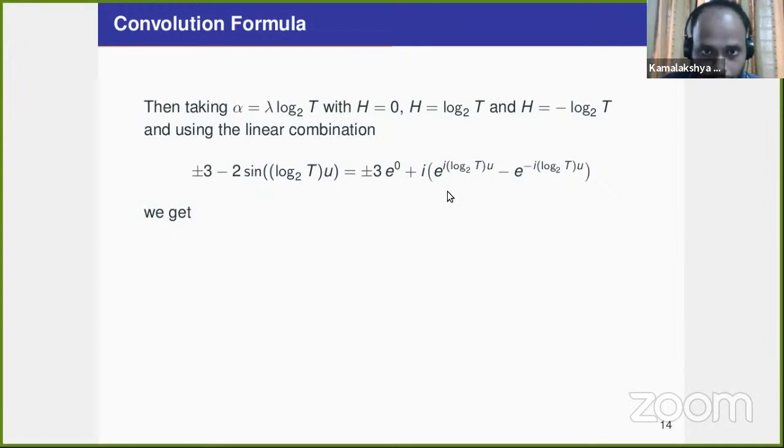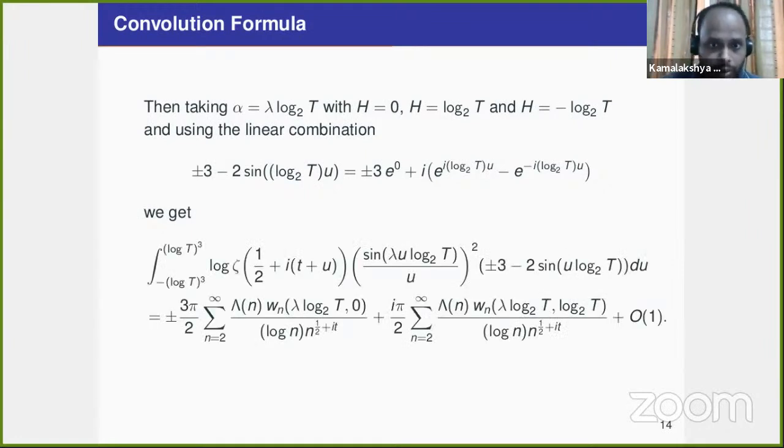So we will get this series, right? This plus minus 3 on the right hand side will give this Dirichlet series, and this multiplication of i will appear on the second part of this Dirichlet series, with i pi by 2.